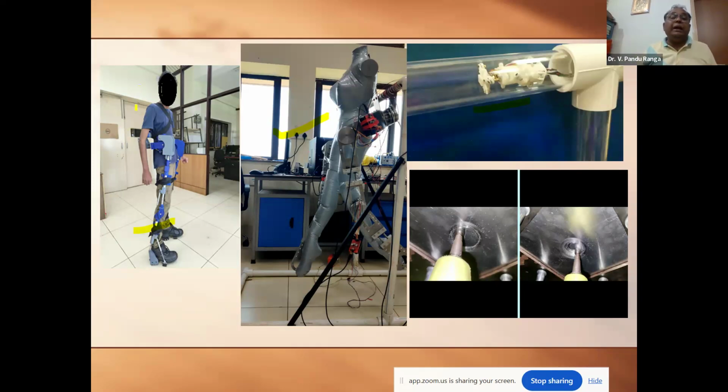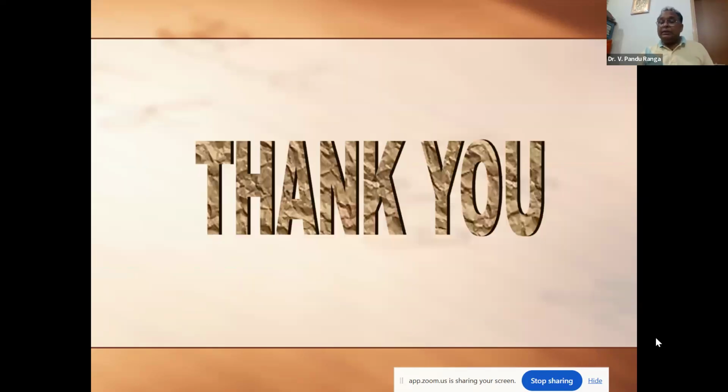There will be a backpack, and they will keep the items here, and the load will be transferred directly to the ground. This is one DRDO based project. We are working on human assistive devices and others.